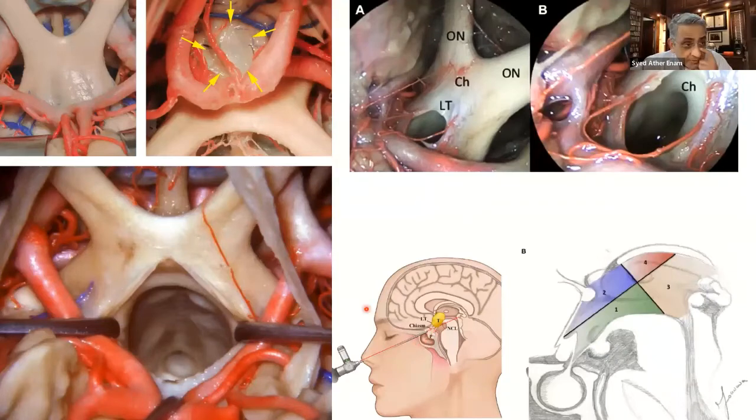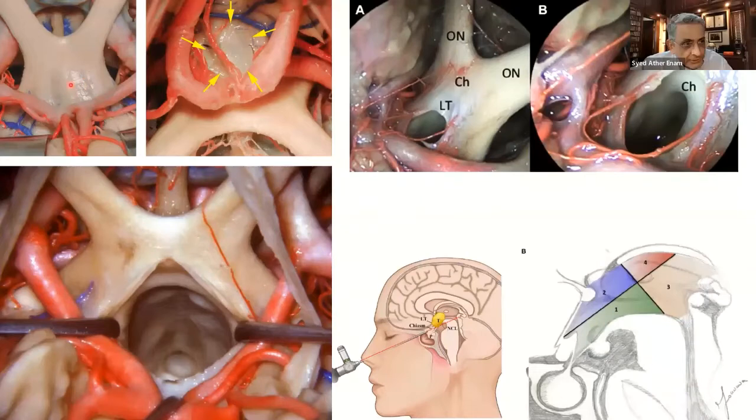just above the chiasm. If you notice over here, this is where the chiasm is. You can see the infundibulum and the pituitary stalk over here, and this is a pretty thin veil. If the tumor is big enough, it's going to be bulging out from here.